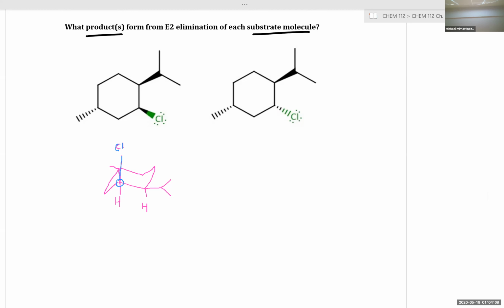I see. Okay, that makes more sense. Okay, perfect. Now try to draw out and identify your reactive hydrogens for elimination, and then draw the product.